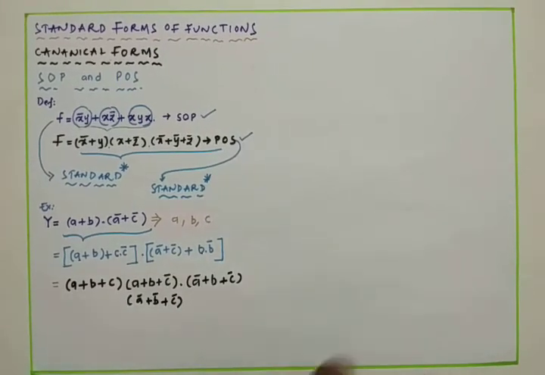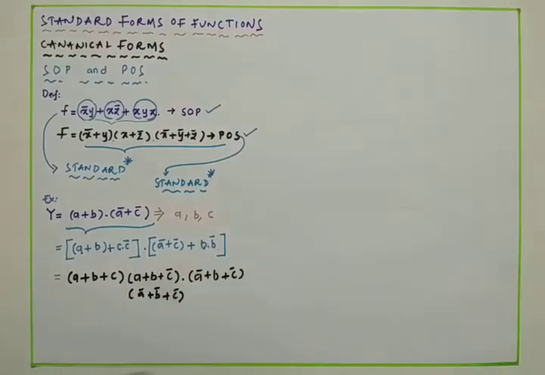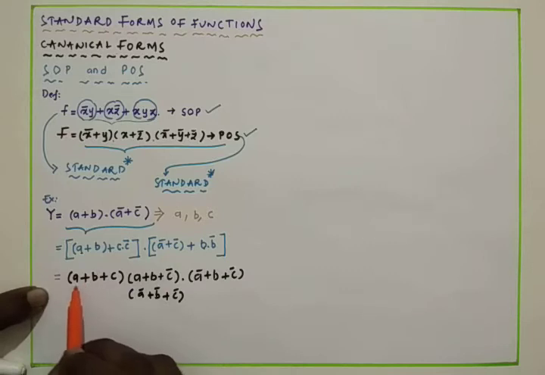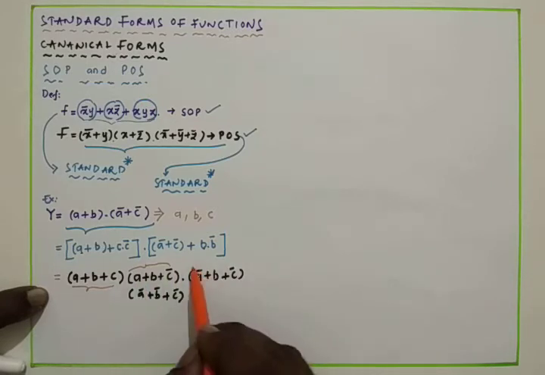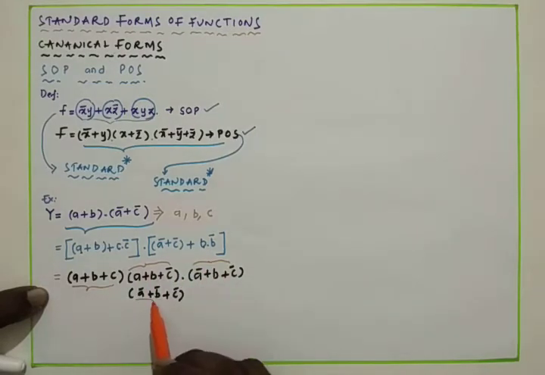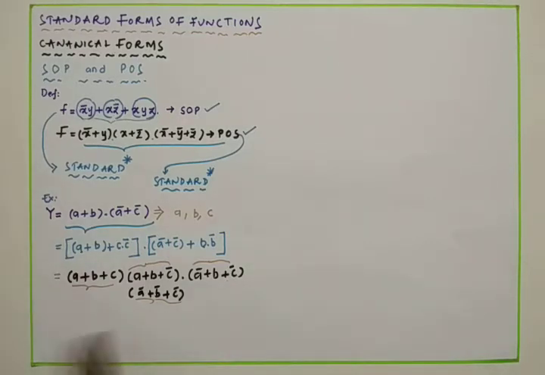If you see it in this form, each sum term has all the literals. The first term has A, B, C, and this one also has A, B, C, and so do the others. So this is the required form, the standard POS.